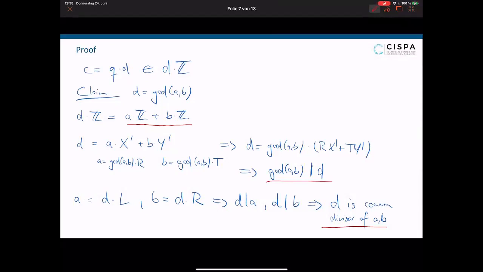I'm waiting. So I said d is a common divisor, and the greatest common divisor divides d. Why does that imply that d is equal to the greatest common divisor of a and b?